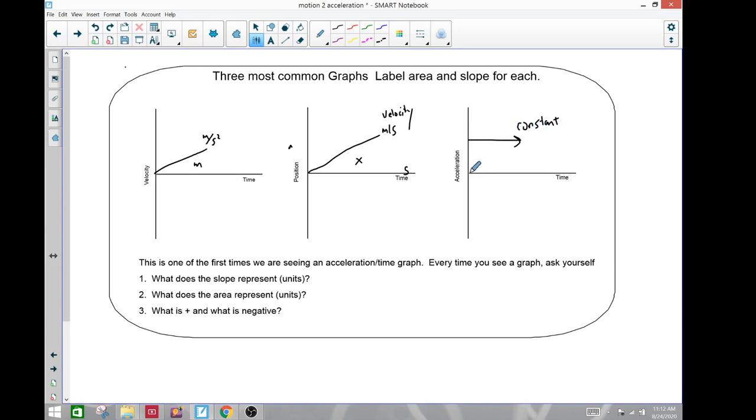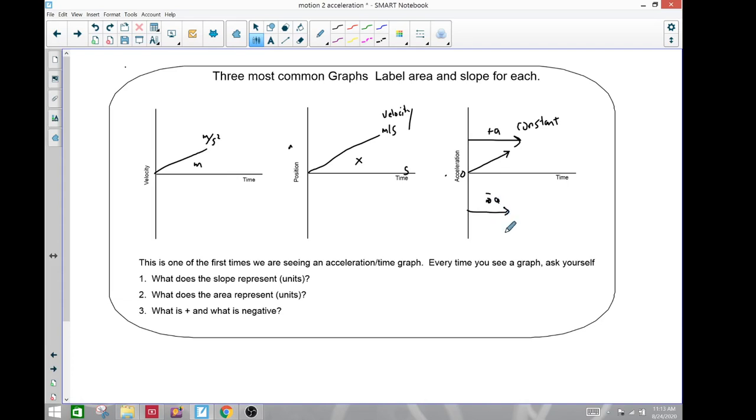You could have something like this, which means that we're increasing acceleration at a constant rate. And of course, right here, the zero would be no acceleration. It is a vector, so we could have a positive acceleration, and let's do a negative acceleration at the bottom.